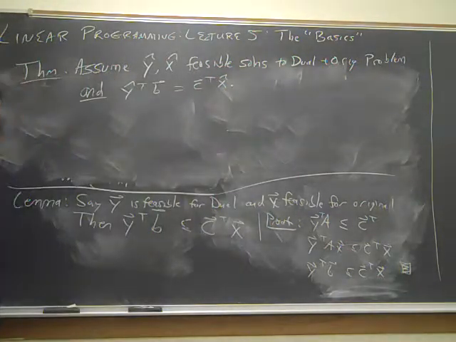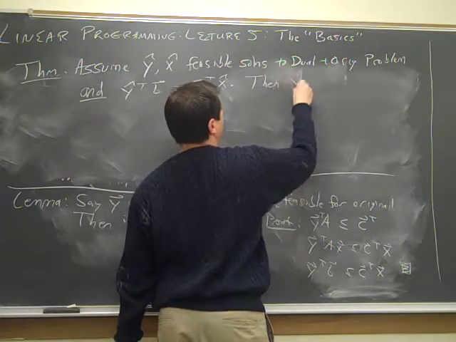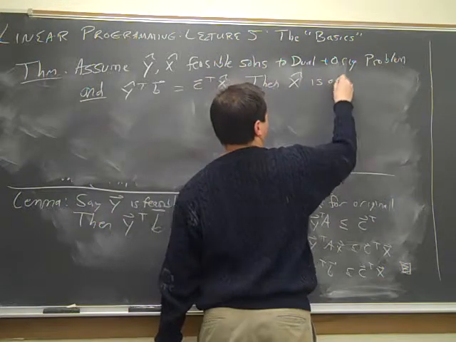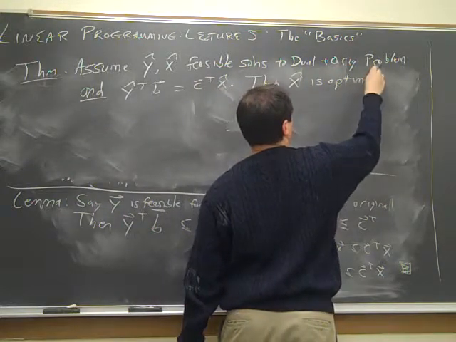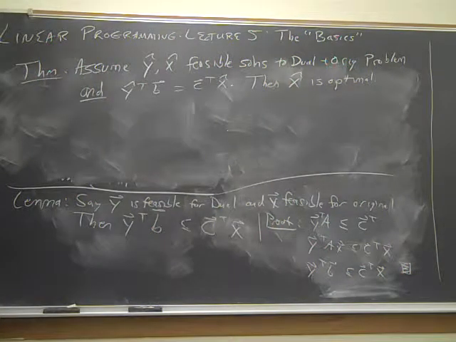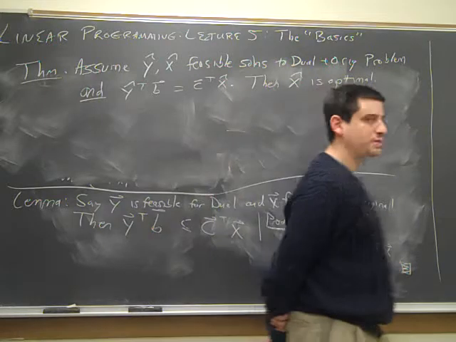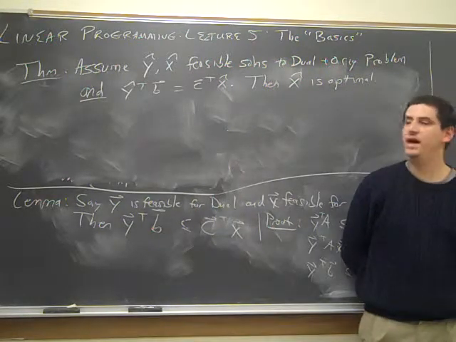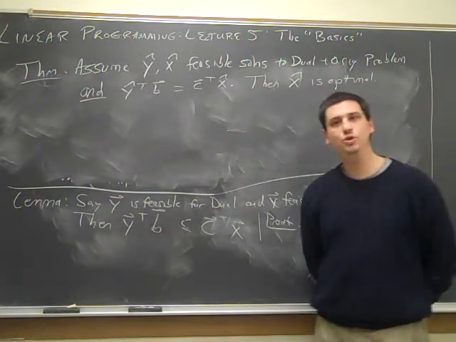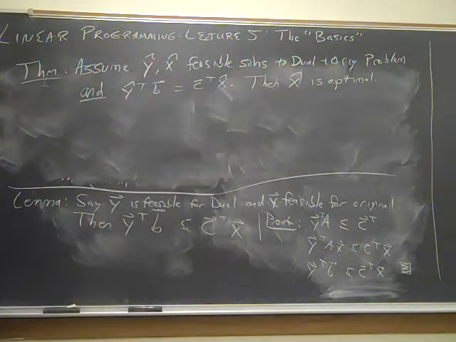So they're actually equal. Then x hat is optimal. So this gives us a way, theoretically, to find an optimal solution. If we can somehow find two feasible solutions such that this relationship holds, then we're in great shape.